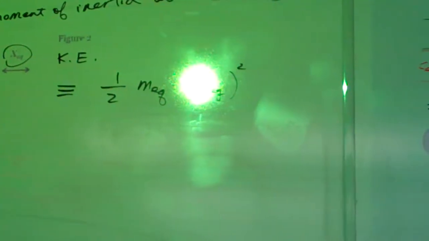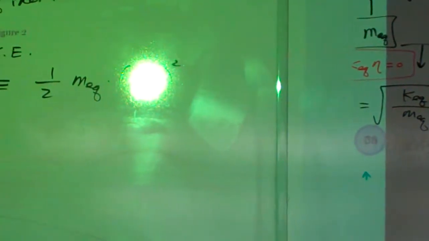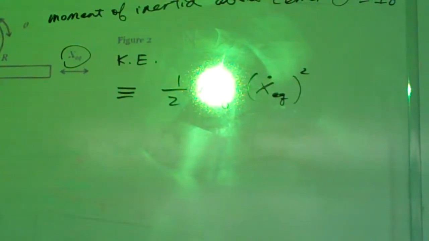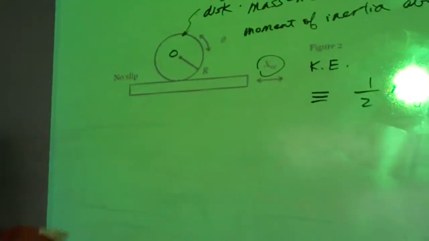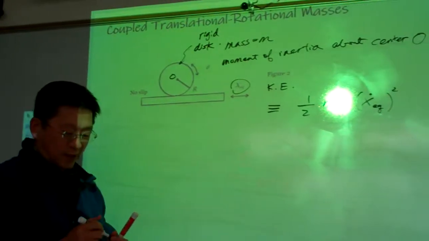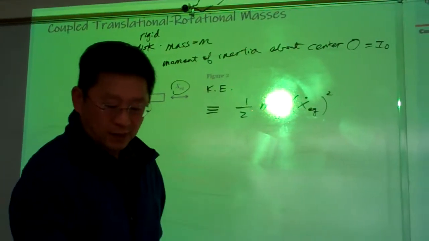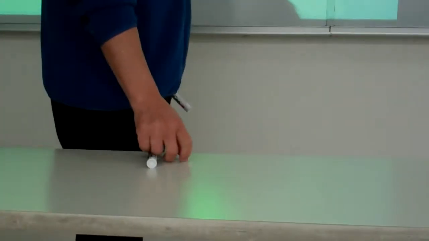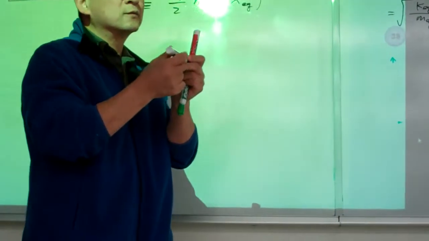Now, with respect to the original system, we have to dig out the components that play a role in describing the kinetic energy. You can see this disk is rolling on the surface. It's translating, and also rotating, spinning by itself, right?